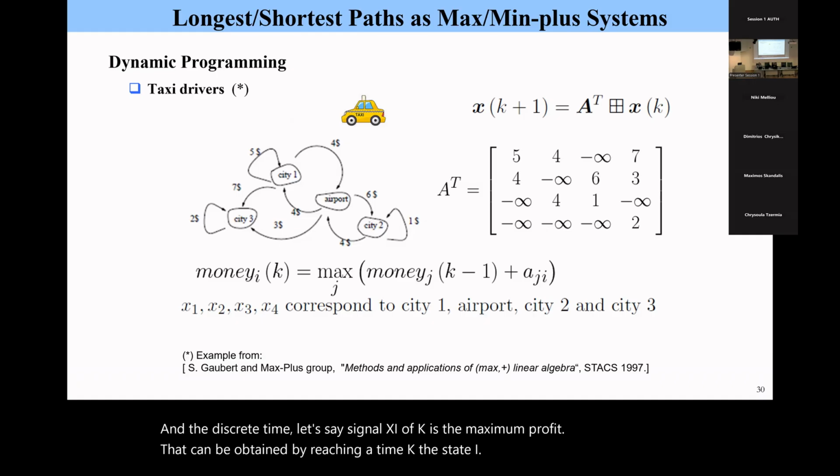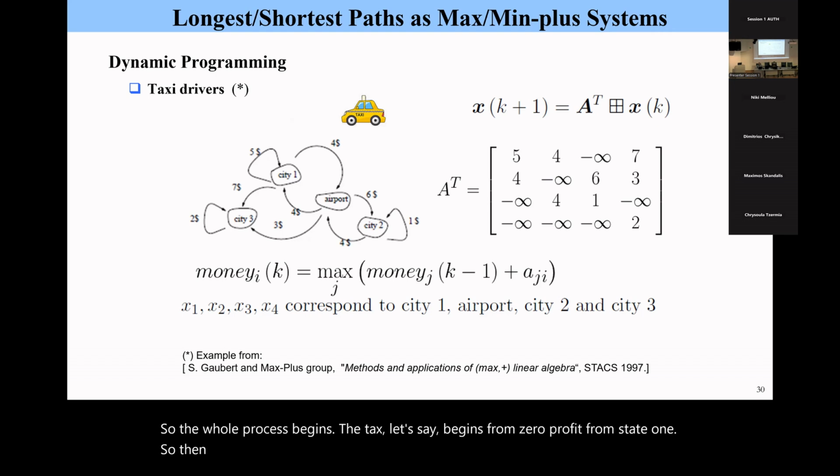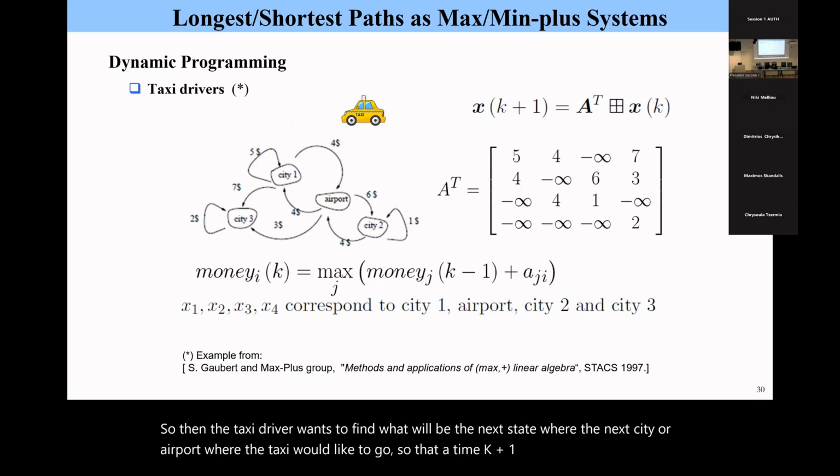So the whole process begins, the taxi, let's say, begins with 0 profit from state 1. Then the taxi driver wants to find what will be the next state, the next city or airport where the taxi would like to go, so that at time k plus 1 it maximizes the profit.